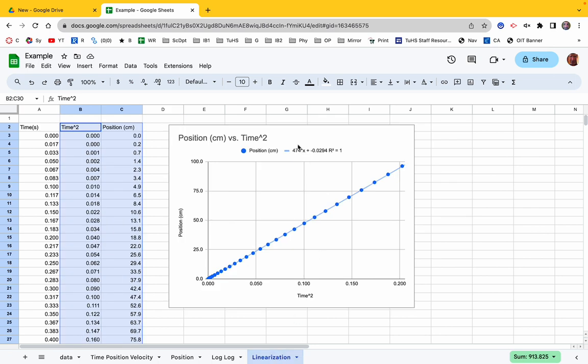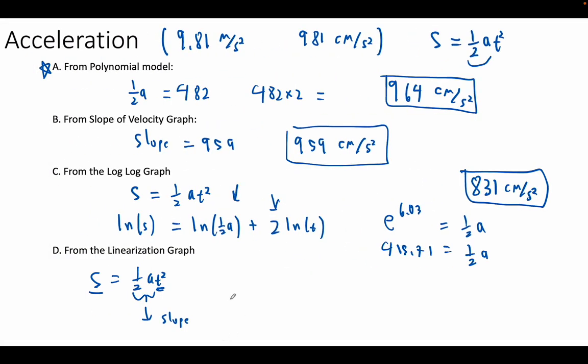There it is, 474. That's 1/2 a. So therefore, a is twice 474. That's a little closer. I get 948 centimeters per second squared.